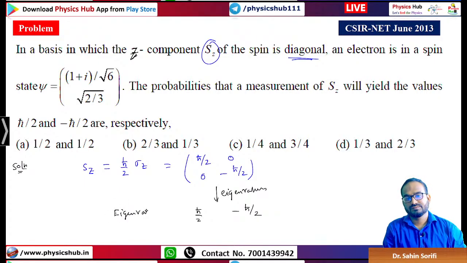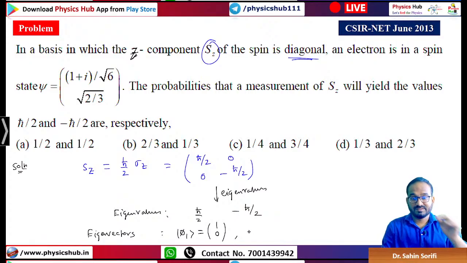Now the corresponding eigenvectors for this Sz will be, let's say for h cut by 2 it is phi 1, that is 1 0, and for minus h cut by 2 it is phi 2, 0 1.